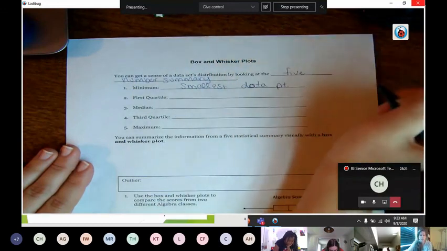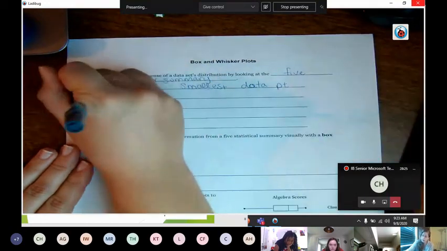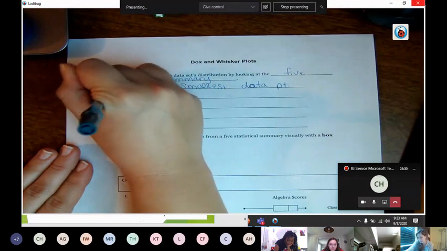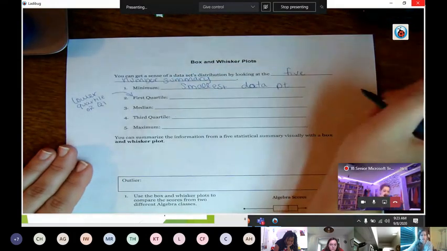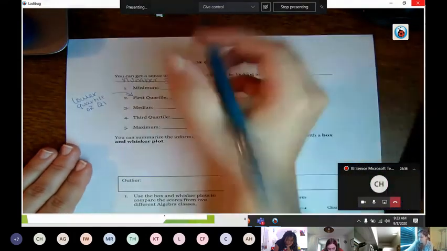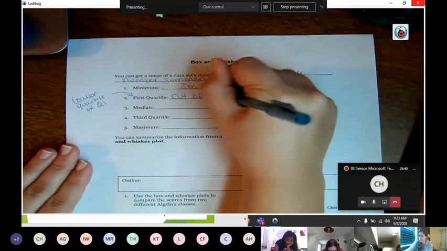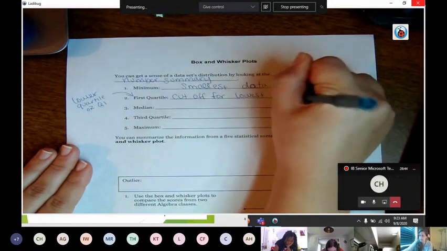Okay, the first quartile, it's also called the lower quartile or Q1. It's the cutoff for the lowest 25% of data.